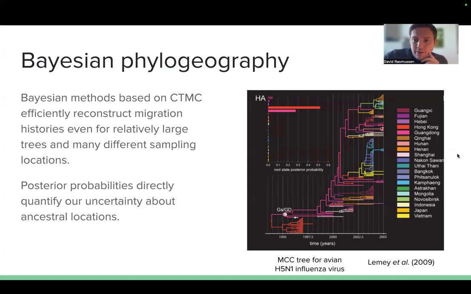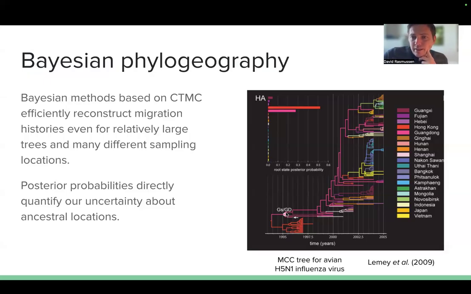So they were able to consider hundreds of samples collected from all over the world, as well as many possible sampling locations, and then infer which of these sampling locations represents the most likely origin or ancestral population of these viruses.